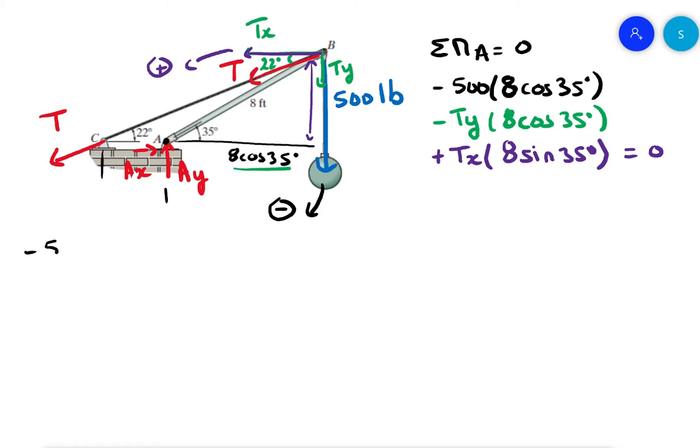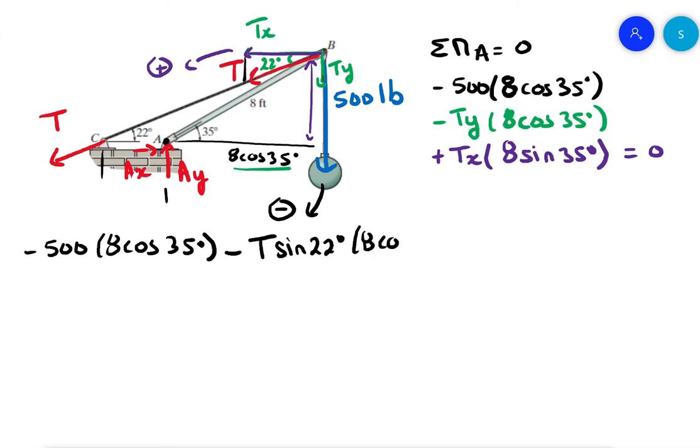We have minus 500 times 8 cosine 35, minus Ty, where Ty is T sine 22, times 8 cosine 35, plus Tx, where Tx is T cosine 22, times 8 sine 35, equals 0.